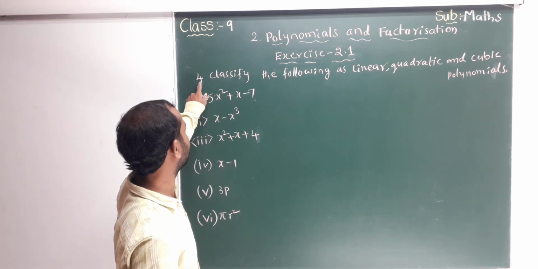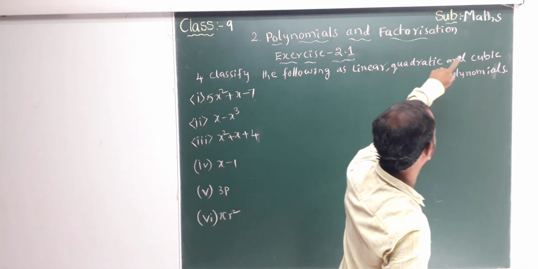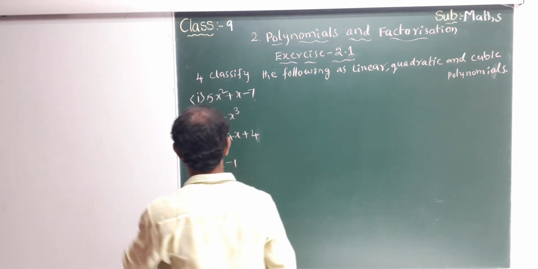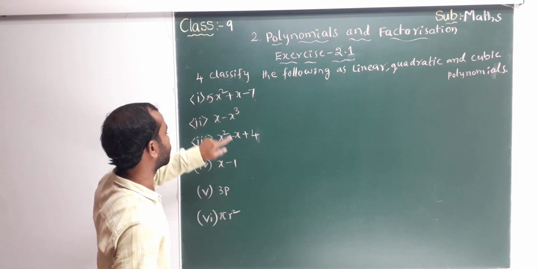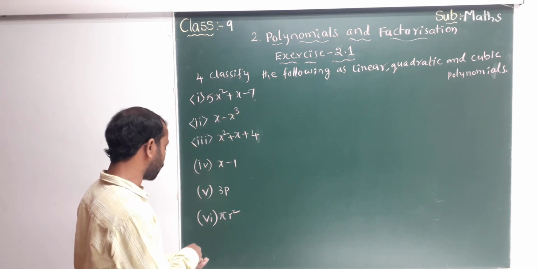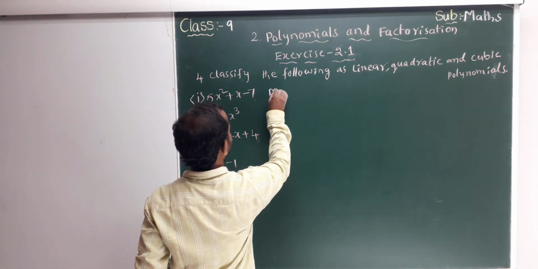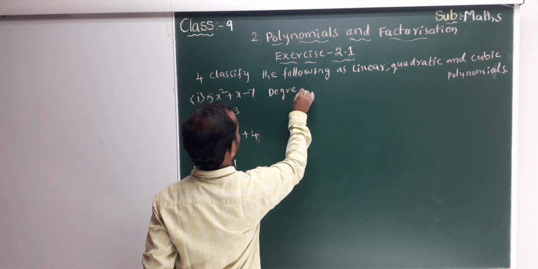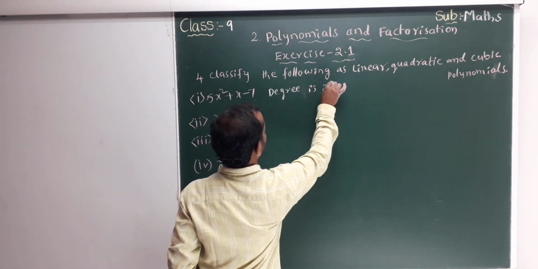Next, fourth problem. Classify the following as linear, quadratic and cubic polynomials. Now first problem: 5x square plus x minus 7. So the degree of the polynomial is 2.